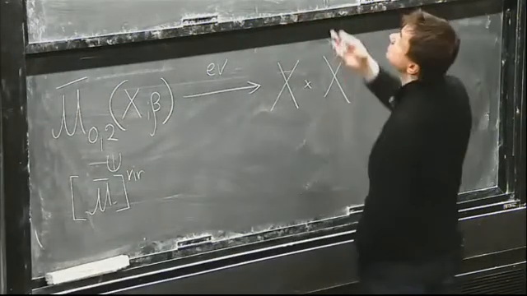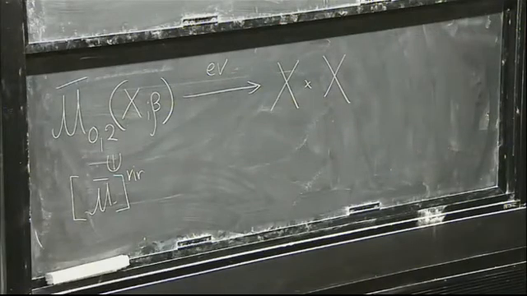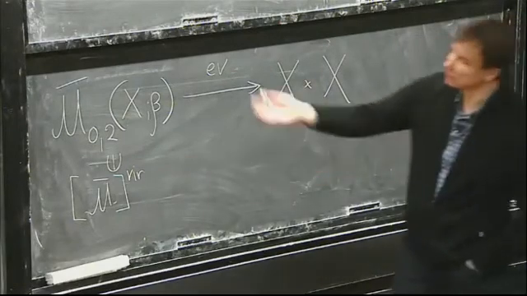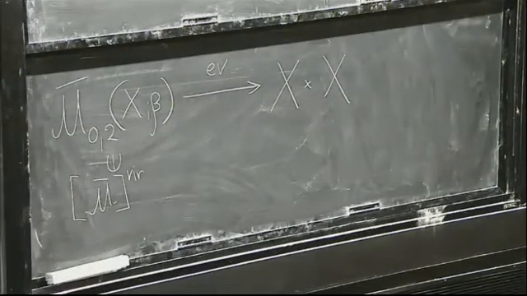Since X is smooth, homology and cohomology are the same thing, too fine a distinction this late in the day.